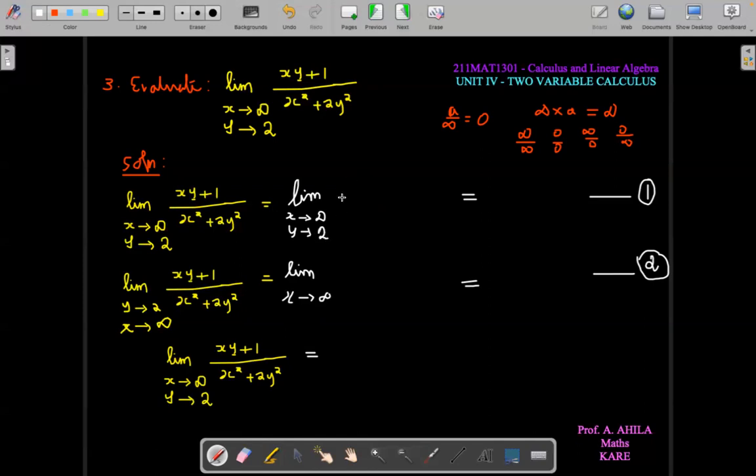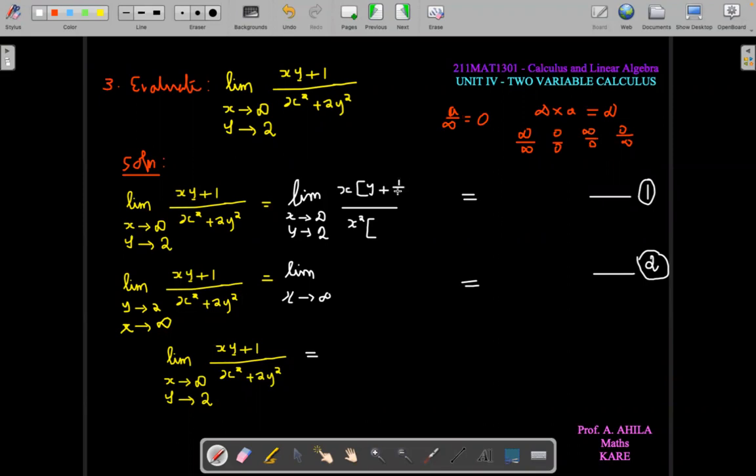I'm bringing out the given function in another shape so that it does not lead to an indeterminate case. I take x common out from the numerator and x² common out from the denominator. What happens if I take x outside? I get y plus 1 by x, since there is no x in that term, so we divide by x.